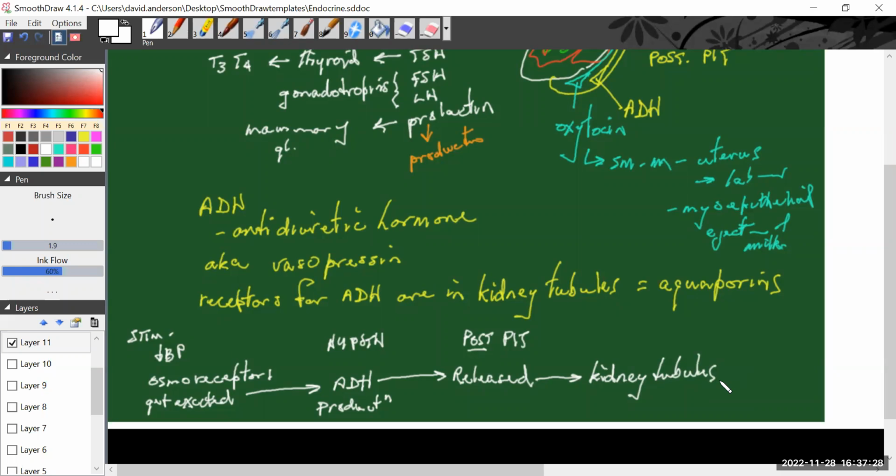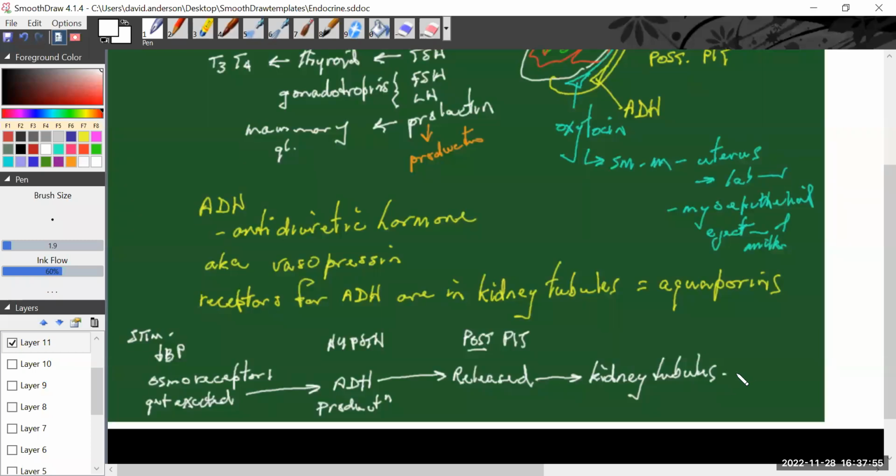Now, I think we mentioned last week that one way that we can make hormones more effective is if we increase the amount of the hormone that's available, or we can increase the number of receptors that are available. And when we have low blood pressure, the hypothalamus stimulates the production of ADH and the release from the posterior pituitary gland to target the kidney tubules.